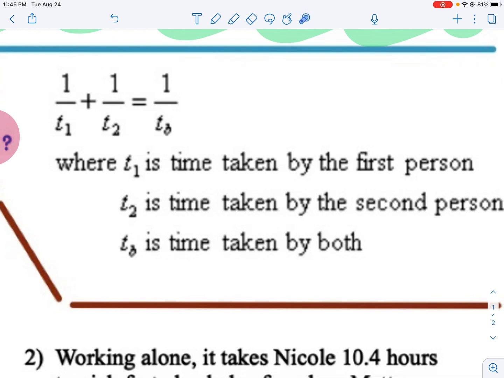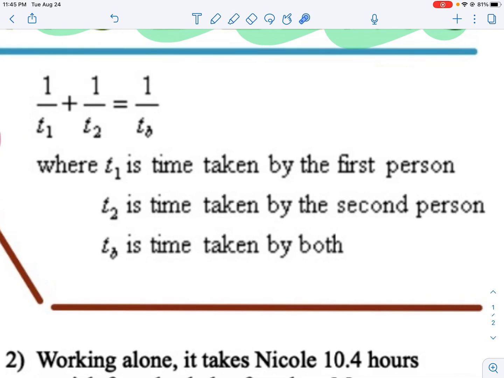So to explain this, one person takes a certain amount of time, plus another person takes another certain amount of time, equals one job taking a certain amount of time as well.